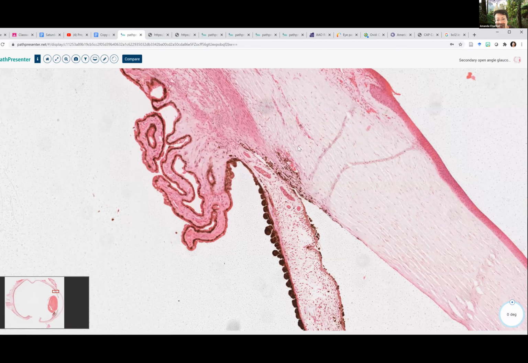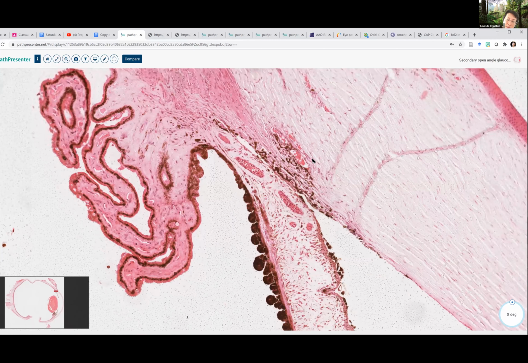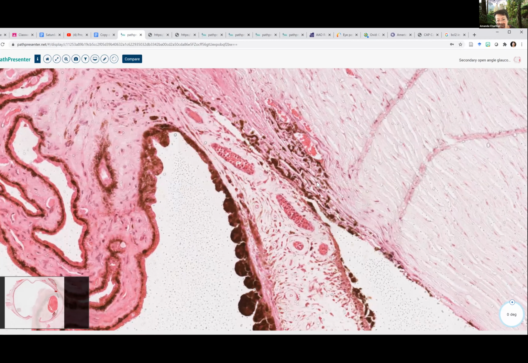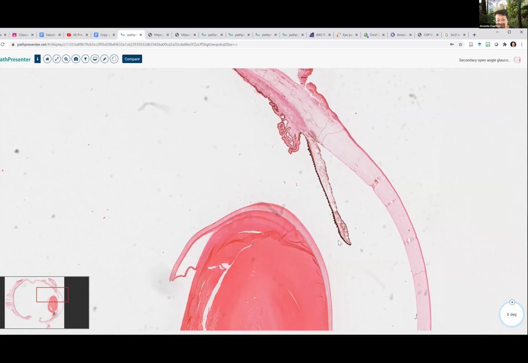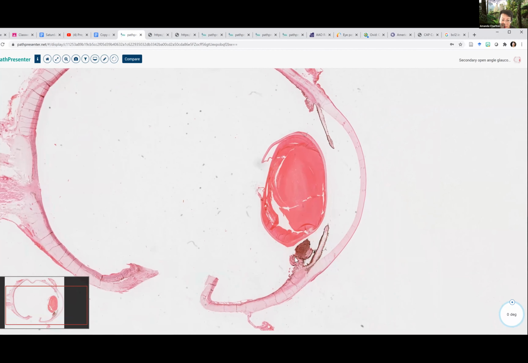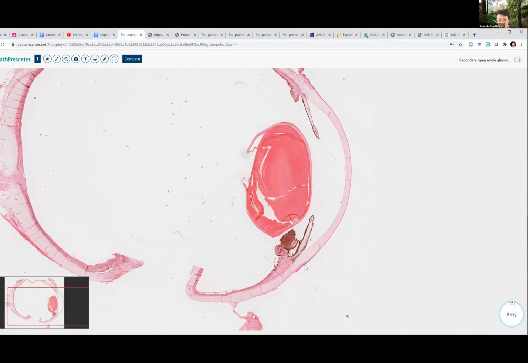And they're also in the trabecular meshwork, although there's probably the canal of Schlemm there, which is not completely blocked, but I can see pigment in the trabecular meshwork. If we call this one a melanoma, then it would be a melanomalytic associated glaucoma due to trabecular meshwork outflow blockage.